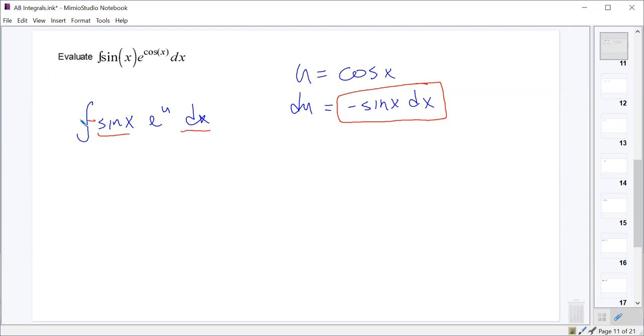Can I just multiply this by -1 without changing it? No, only if I multiply it by -1 again. Couldn't I multiply it by -1 twice? Yes. And then do I have a negative sine x dx in there?